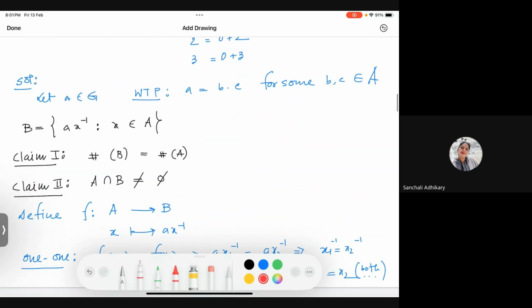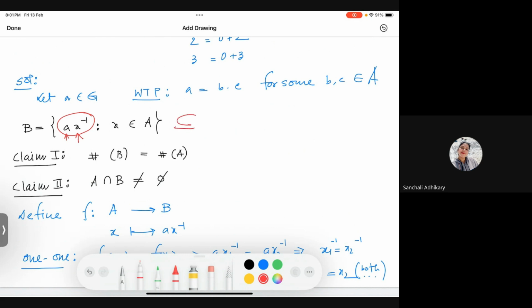Is B not a subset of G? Yes, B is also a subset of G, right? Because X belongs to A and A belongs to the group, so A into X inverse, this element also belongs to the group, because G is closed under the star operation.